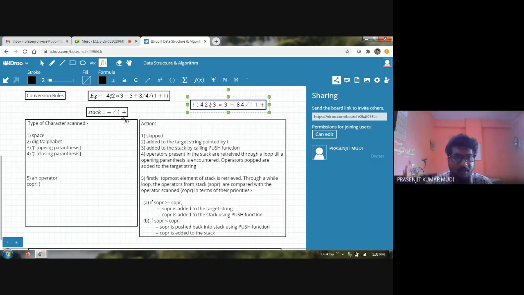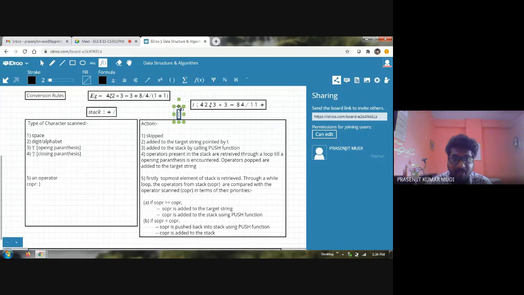Okay. Next, what is happening? Open parenthesis encountered. That means this loop is terminated. The loop will be continued till an opening parenthesis is encountered. Okay. So it is terminated. That's fine. So all the entire these rules is being applied and the process is completed.